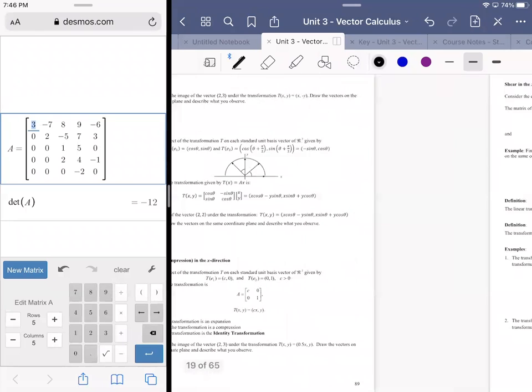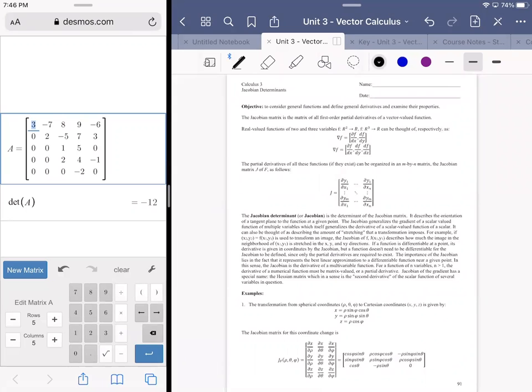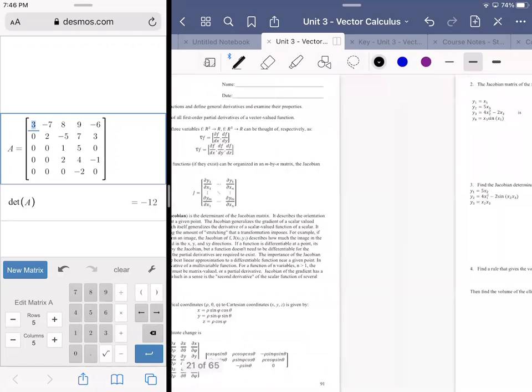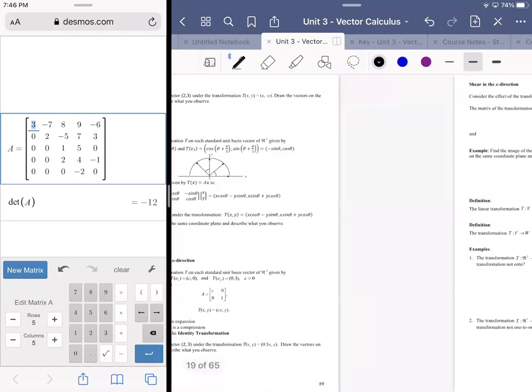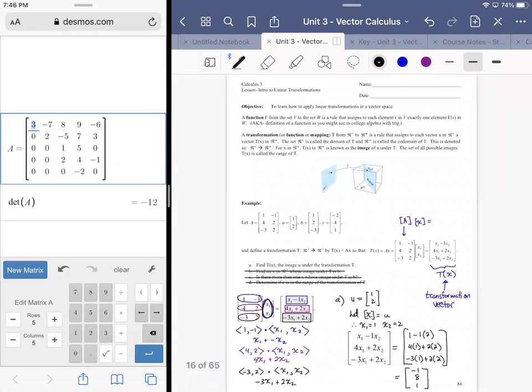So the rest of the week is pretty much going to be along those lines. That's the new stuff that I tacked on, which is going to tie in nicely with something called Jacobian determinants, which is where we bring the partial derivatives back into play and we start getting into surface area and stuff like that. So pretty heavy stuff, but we take it a piece at a time so that we don't go too crazy with this.